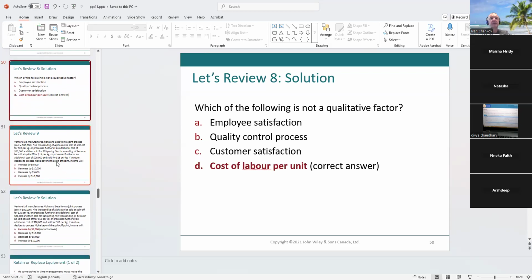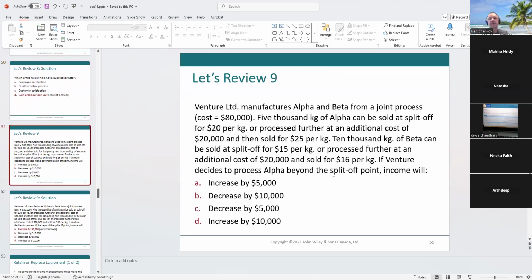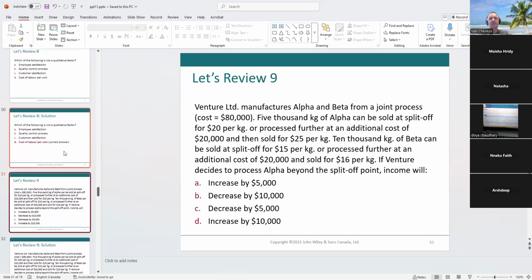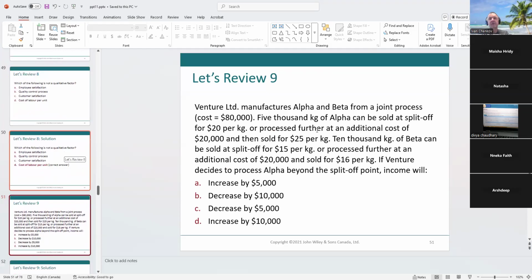Good. So let's go now to the calculation question, and let's see what we're going to do with it. This company manufactured two products, alpha and beta. Cost 80,000. What we said about this cost, that's irrelevant. Why?